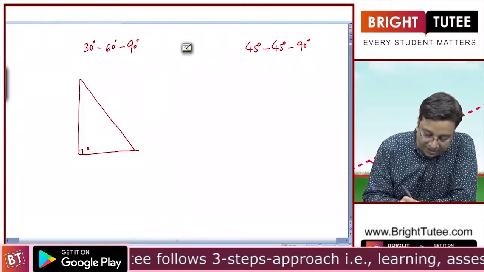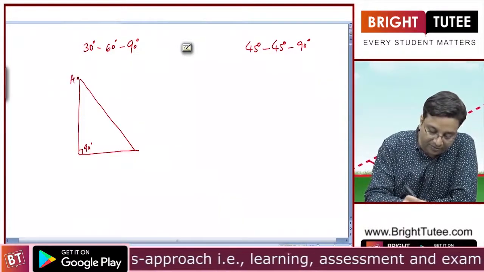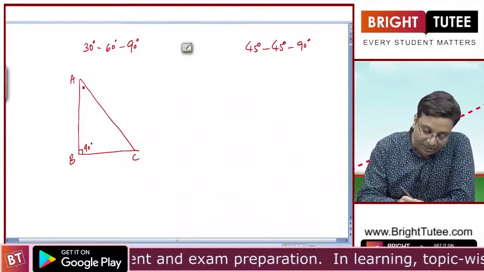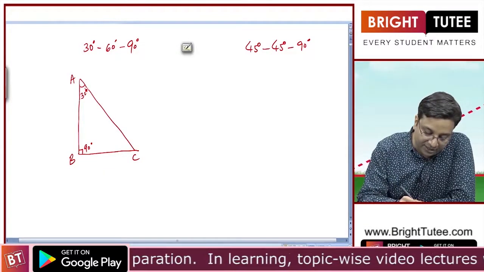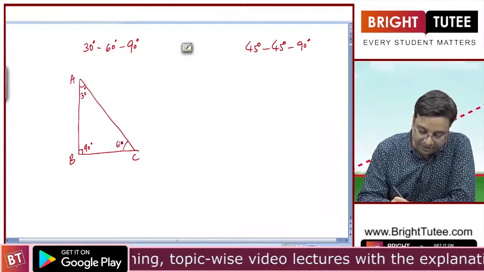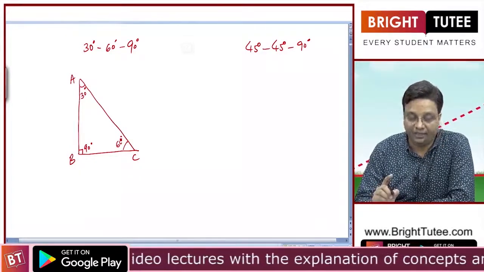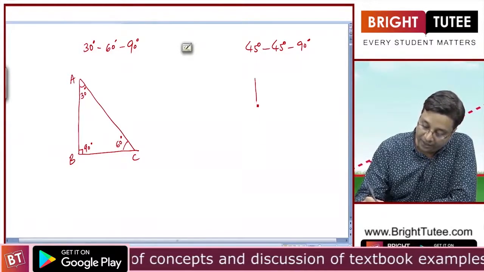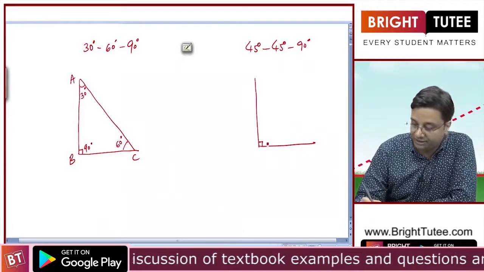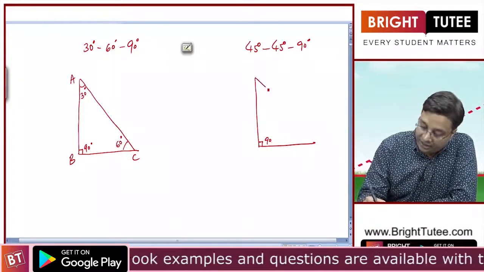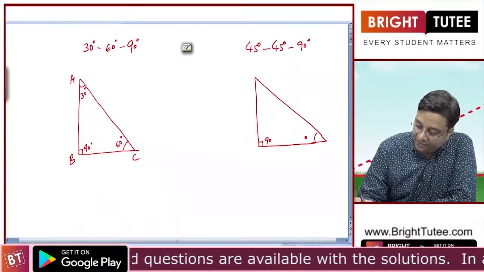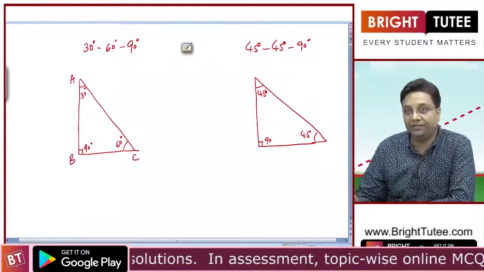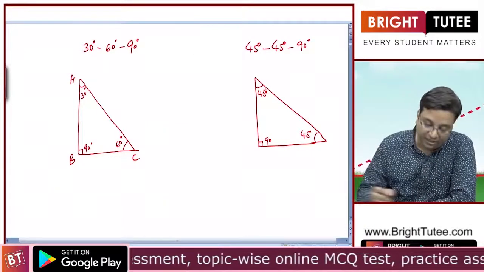If this is a right angle and let's name these vertices as A, B and C. Let me take this as 30 degrees. So this angle will be 60 degrees, right? And for the 45, 45, 90 triangle, let me take this as 90 degrees. If one of these angles is 45 degrees, the other angle will also be 45 degrees, right?